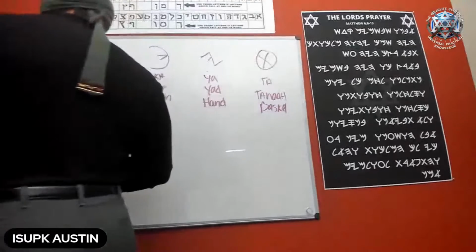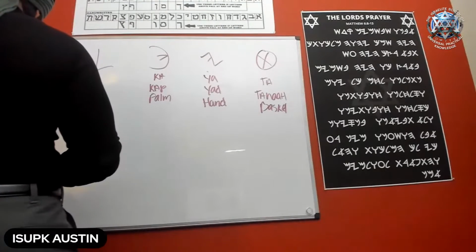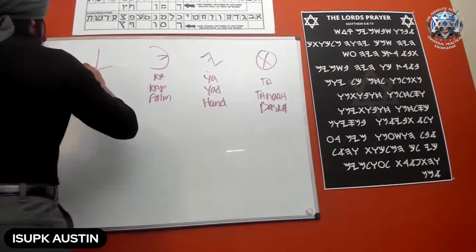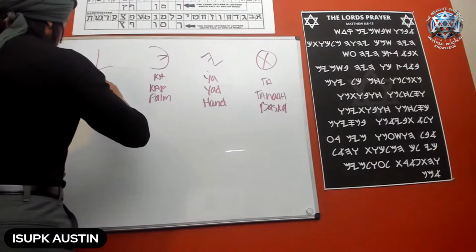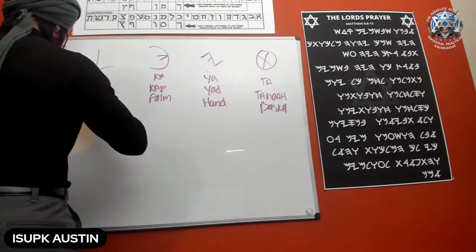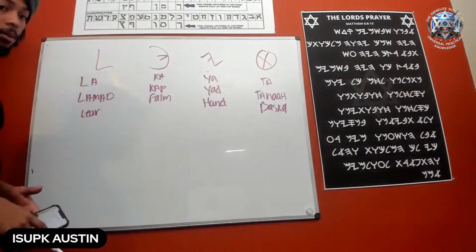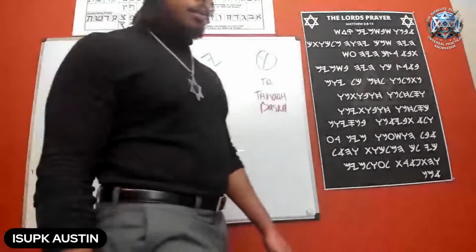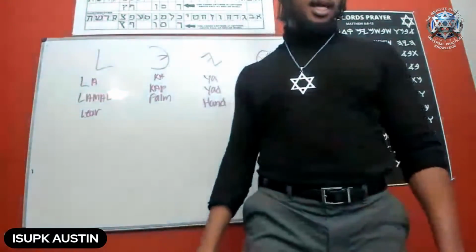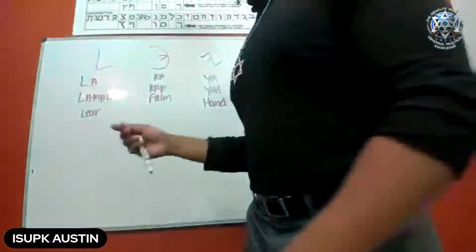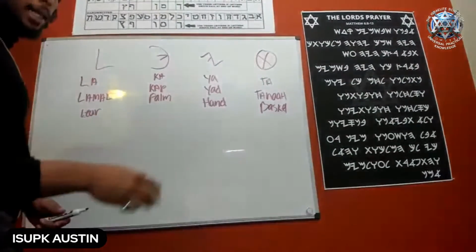Now we have la, which comes from lamad, which means learn. You would say you teach things with a rod or a staff. You teach people things so they learn things.